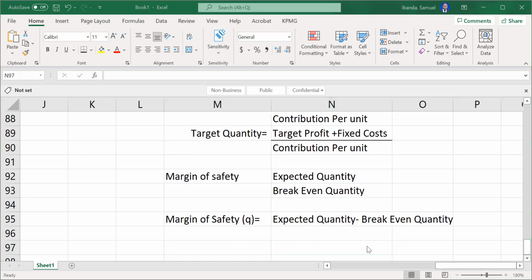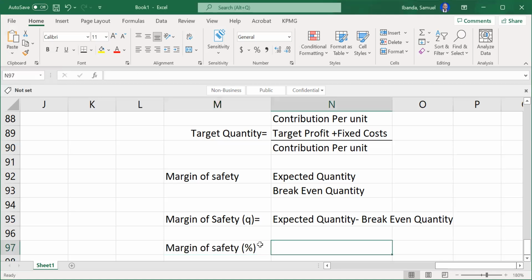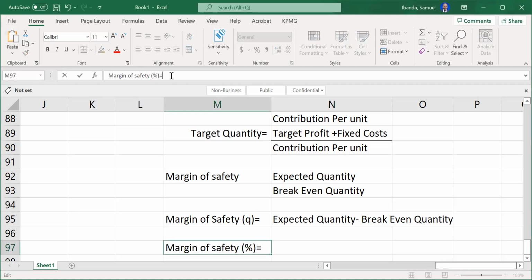The expected quantity is your level of production at a given point in time, and then there is the break-even. The difference between the two basically gives you what you call margin of safety. Now, this margin of safety can also be expressed as a percentage, and this is how it will look.